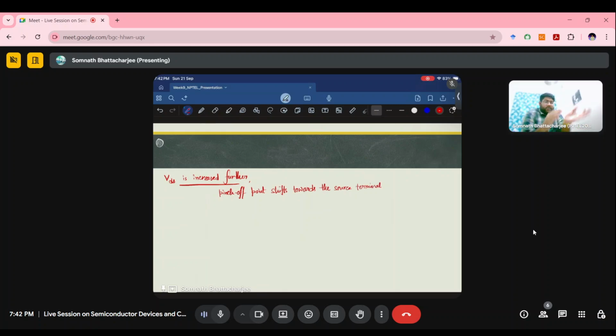So the pinch off starts shifting, and it will look something like this. If the pinch off was like this, it has already shifted like this. So now the pinch off point is here, whereas it was here, moving towards the source terminal.